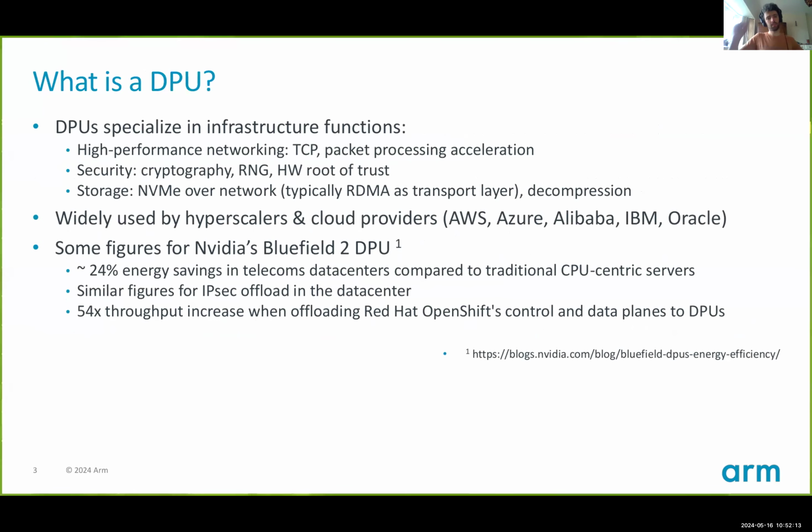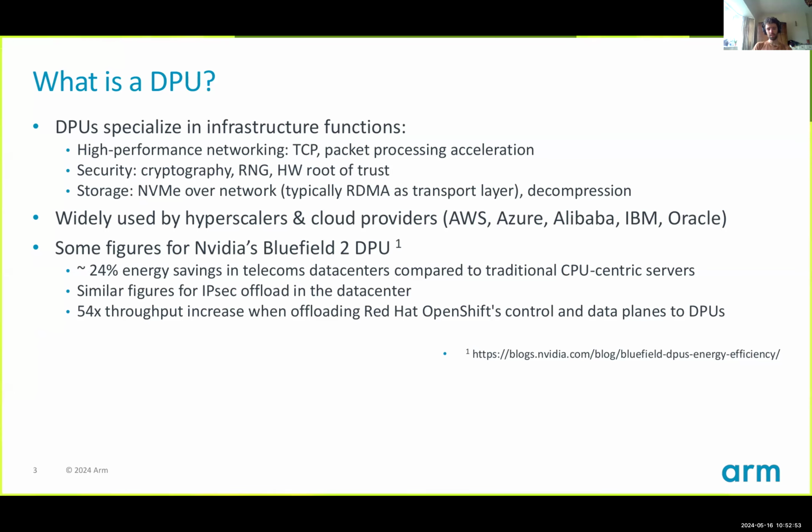DPUs are part of the trend of accelerating computation and coming up with devices that are specialized but still highly programmable. GPUs are an example. DPUs are another example. They specialize in infrastructure functions, by which I mean things that are not guest workloads. Take AWS, for example. You've got a bunch of VMs, and customer code is running in those VMs.